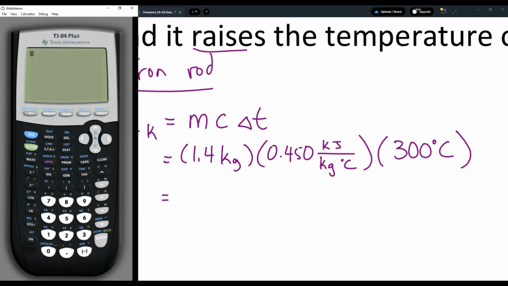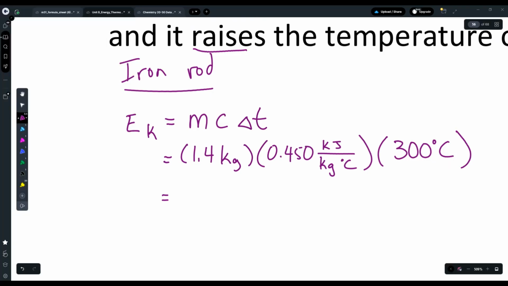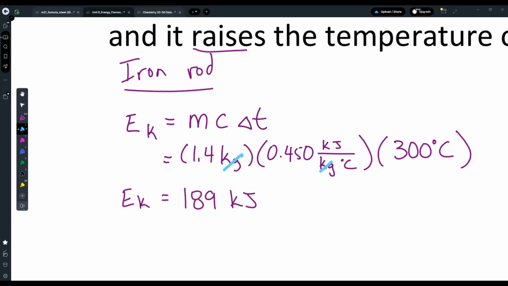Alright, so let's calculate this. 1.4 times 0.45 times 300, so we get 189 kilojoules. How I know I have kilojoules is because kilograms cancels out, degrees Celsius cancels out, so we're left with kilojoules.